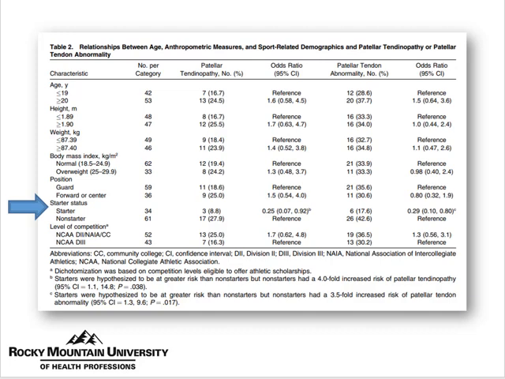And I guess you could argue that maybe a potential reason someone is a non-starter, and again, this is speculation, is that they have this pain, that they can't compete at the same level. They can't jump as high because of an unhealthy knee. Again, that's just speculation.